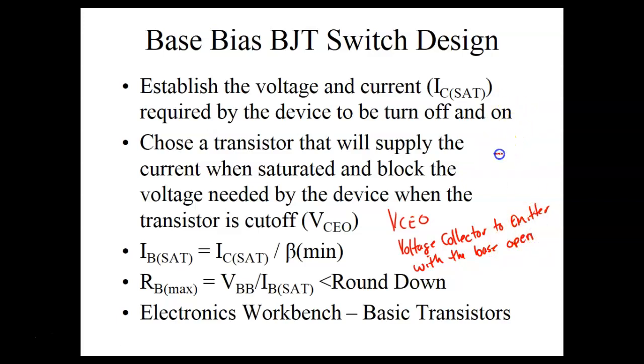This means the transistor is going to be cut off, because if the base is open, there is absolutely no base current. If there's no base current, then the transistor is cut off. And if it's cut off, it's dropping all the voltage.